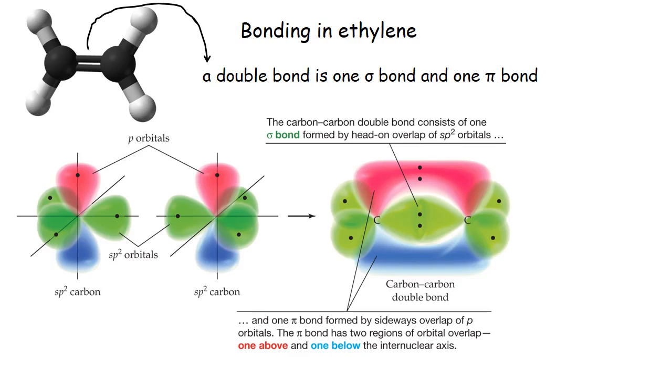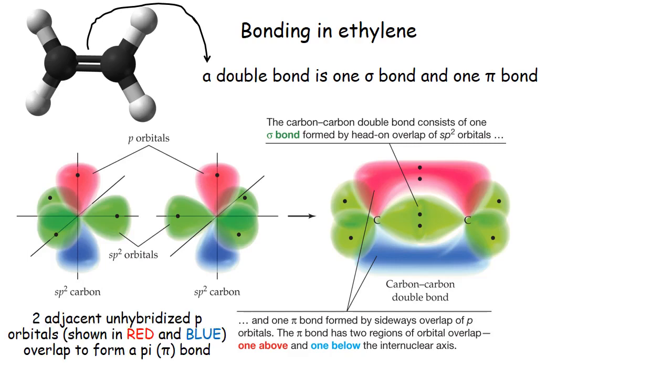And then the unhybridized p orbitals are adjacent to each other. You can see that the red lobe and the blue lobe, one goes above and one goes below. Because those two carbon atoms are adjacent, they have adjacent p orbitals that are still unhybridized. These two adjacent unhybridized p orbitals, shown in red and blue, will overlap with each other to form what is called a pi bond.